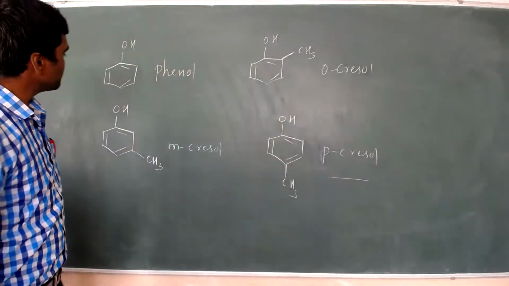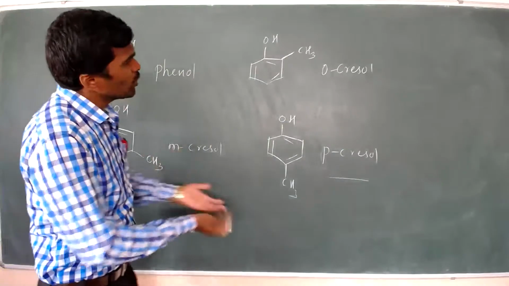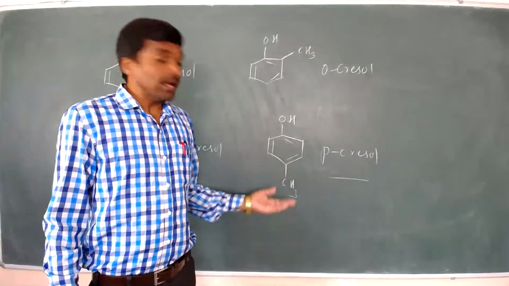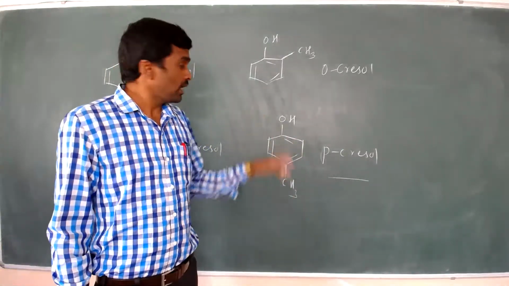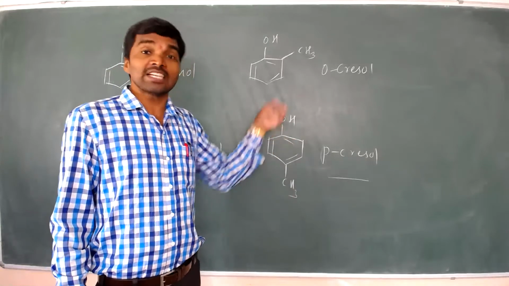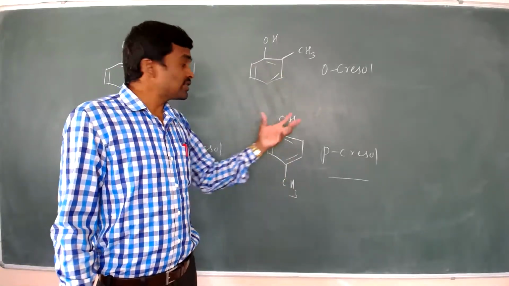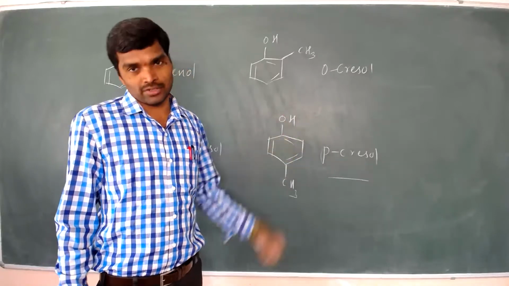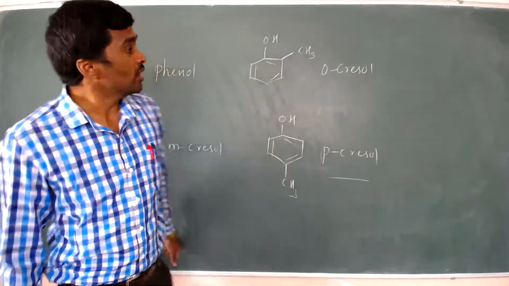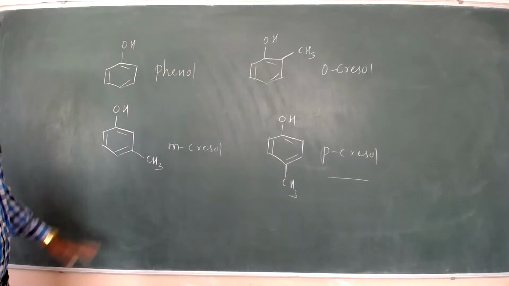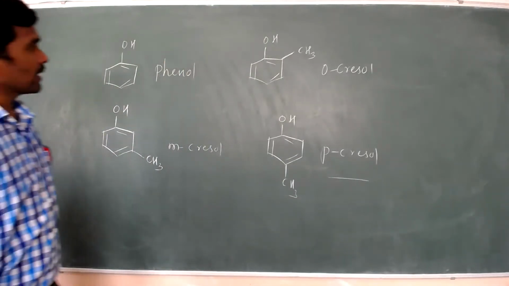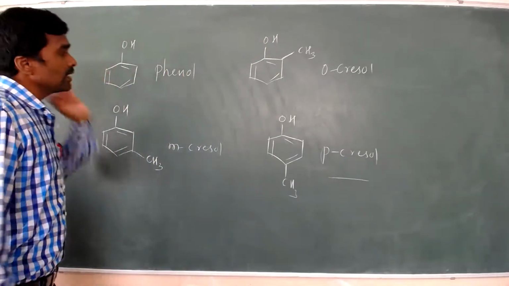Now see, electron donating groups are present, so the oxygen's electron density increases, which can hold the hydrogen and not liberate it. Got this point? That's why, compared to all, phenol is more acidic.